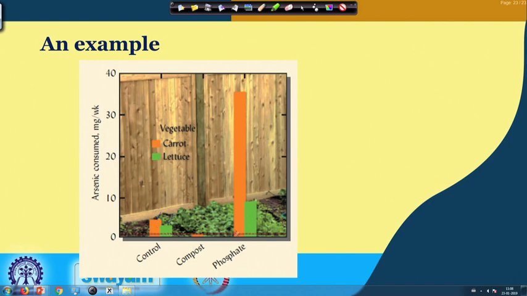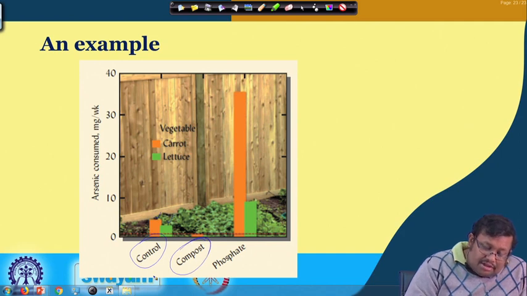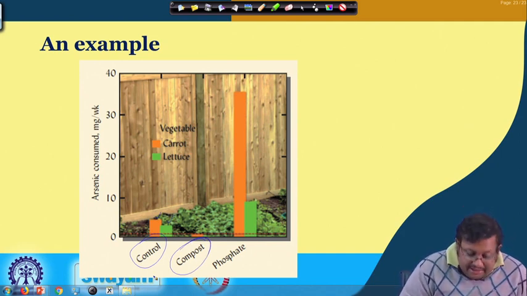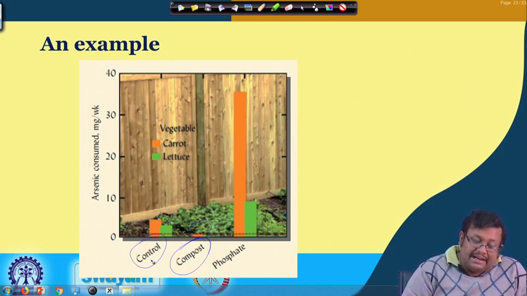In the control condition, there is obviously some accumulation of arsenic within both carrot and lettuce. However, when we add the compost, due to the binding action of organic matter, the accumulation is very low within both carrot and lettuce.